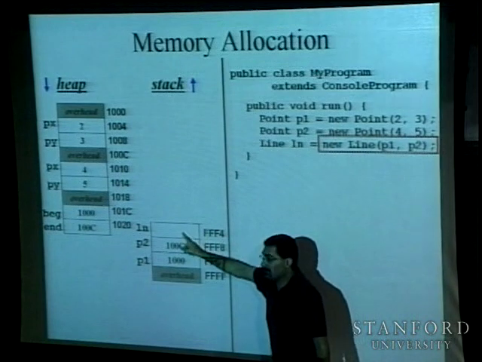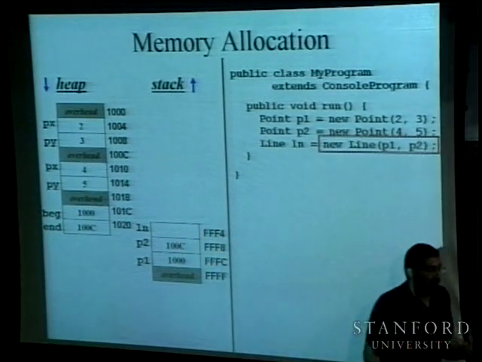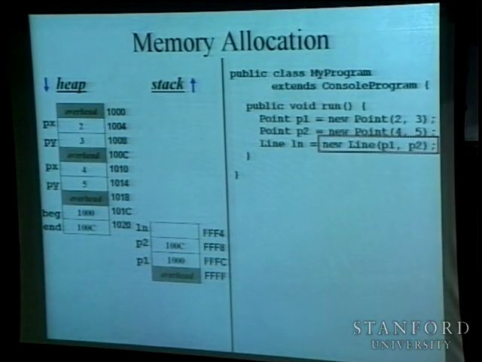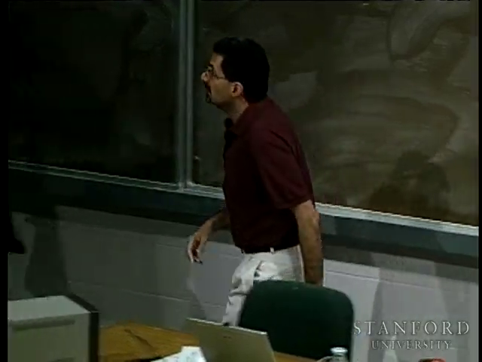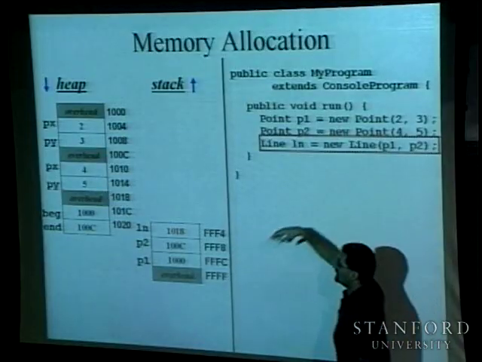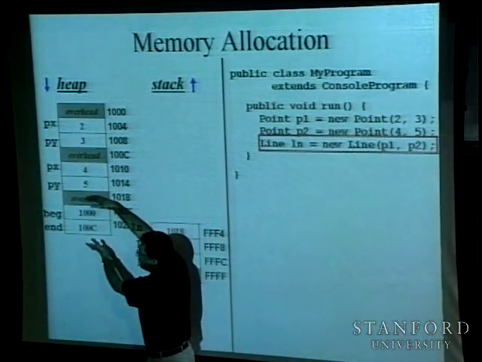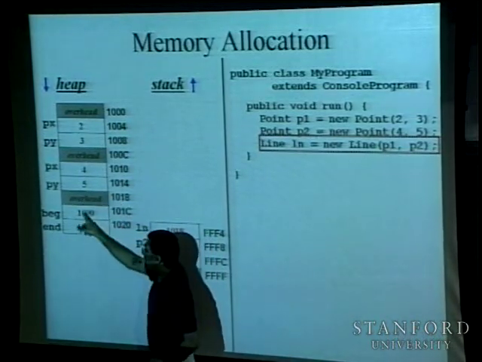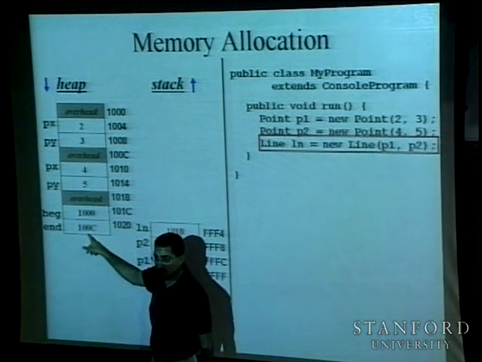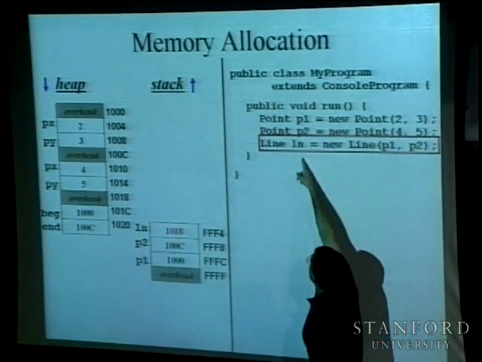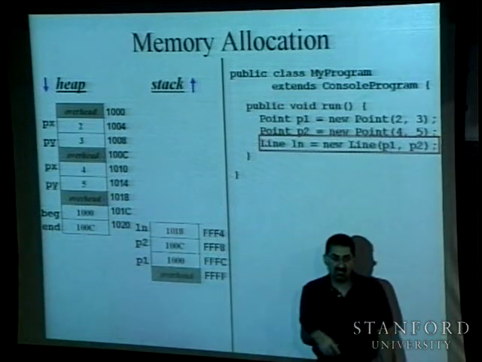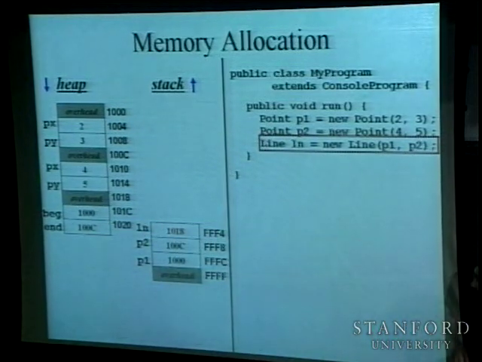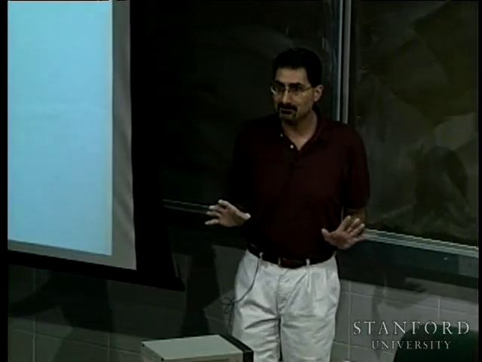And so the variable line, which is over here on the stack as a local variable, finally gets assigned the address of the line object on the heap, which is at 1,018. So when the whole line executes, basically what it's done is it's set aside memory with new, called the constructor, had the constructor fill in the initial values, and then what actually gets assigned to line over here is the beginning memory address for this object that was allocated on the heap. Okay? Any questions about that?